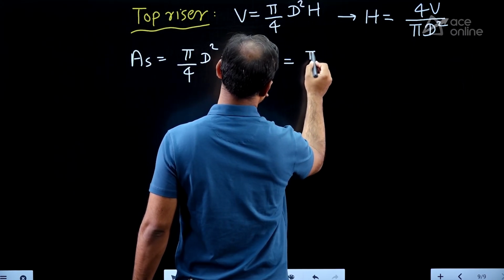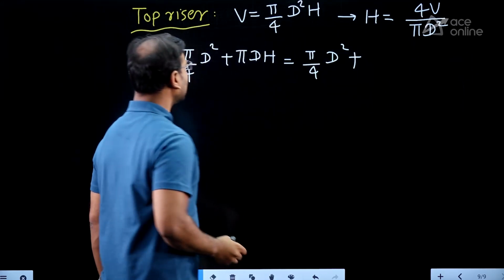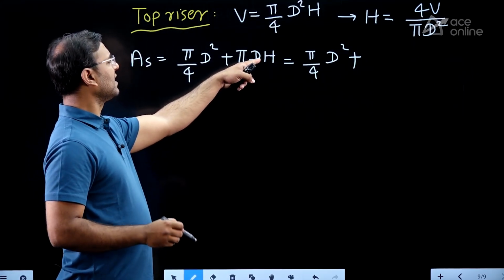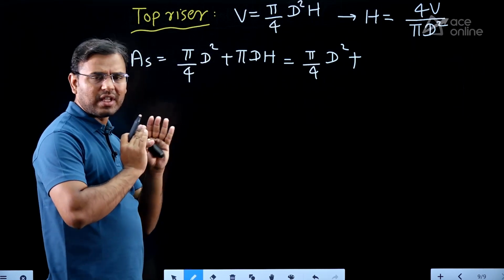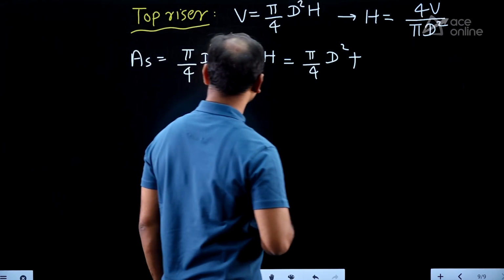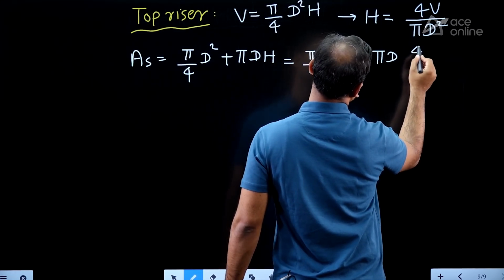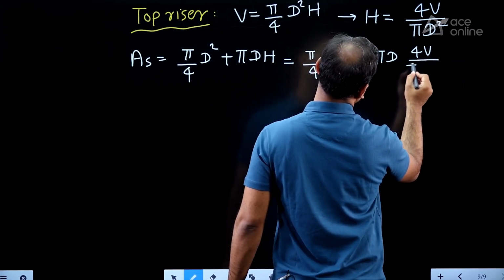Then I am writing pi by 4 d square at the top, plus pi d times h. I need to convert that surface area in terms of D, therefore pi by 4 d square plus pi d, where h is 4v divided by pi d square.